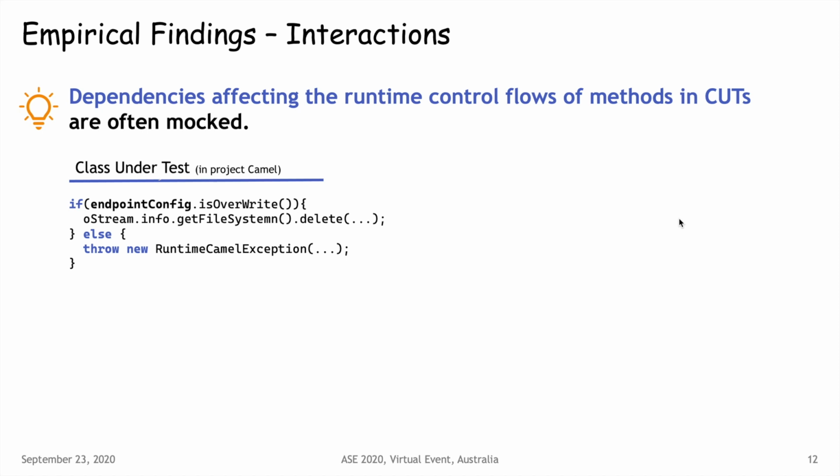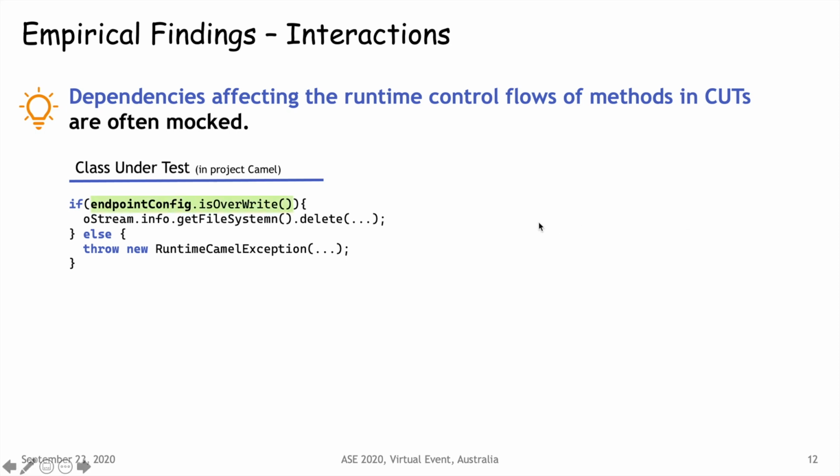Another category is about the interactions between the class under test and the dependency. We found that developers often mock the classes that can affect the runtime control flows of the class under test. For example, let's look at the code snippet from Project Camel.